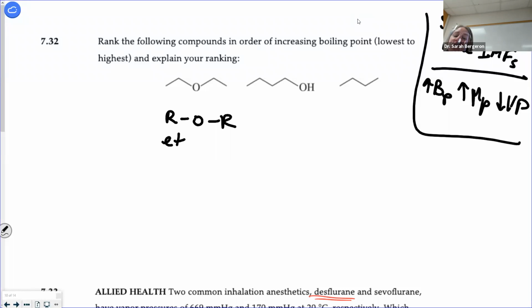That's an ether. So really we have an oxygen with how many lone pairs because it has two bonds with it. Remember, an oxygen with two bonds has two lone pairs. So tell me what can happen with this ether. What kind of interaction can happen?